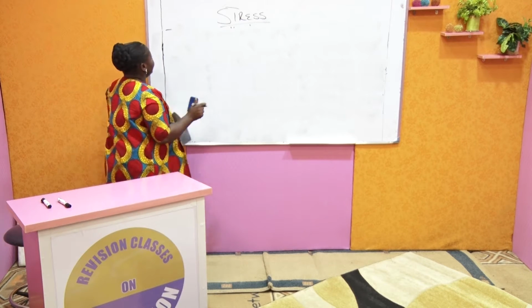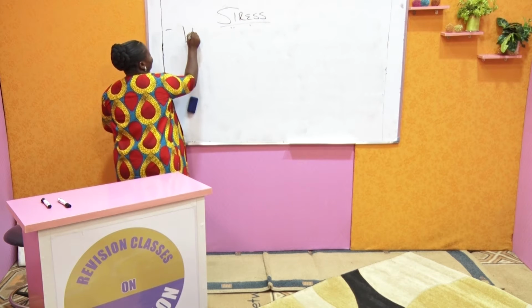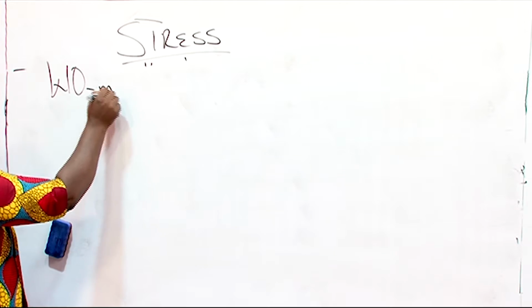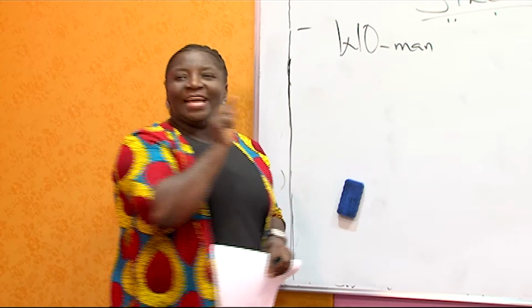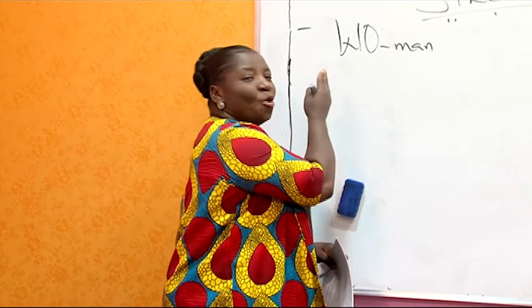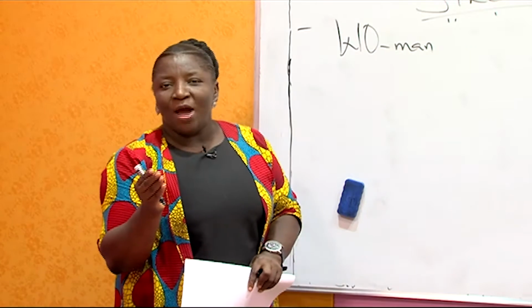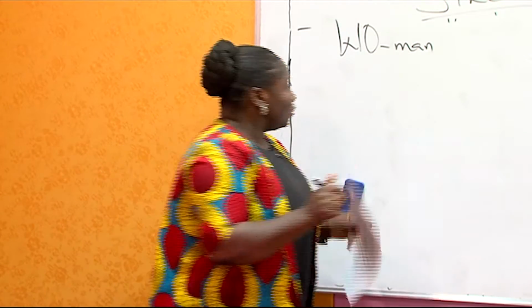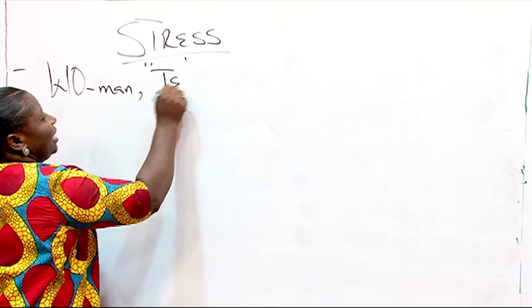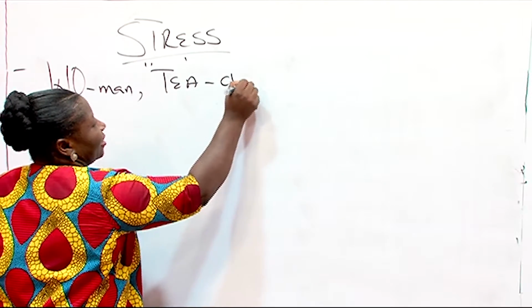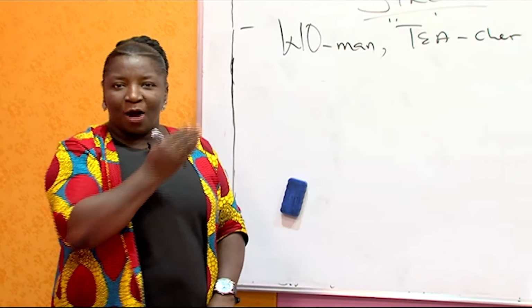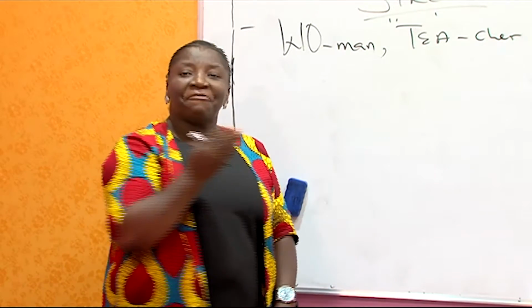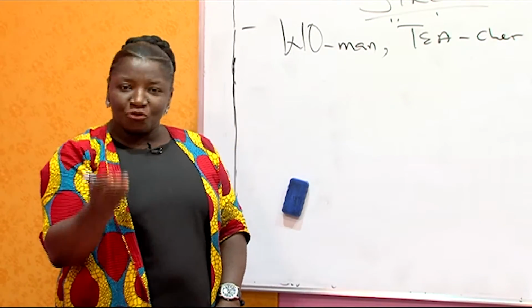Example, the word woman is actually a noun, and that is why the wo is the syllable that is stressed. Two, we have the word teacher. Because it's also a noun, it is the T, which is the first syllable, that is stressed.